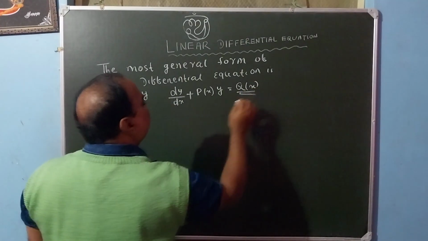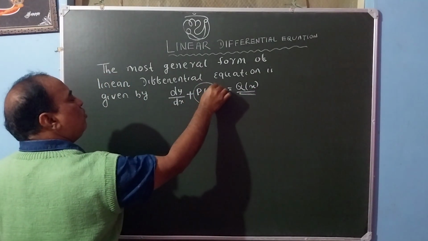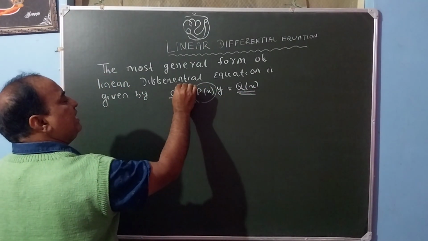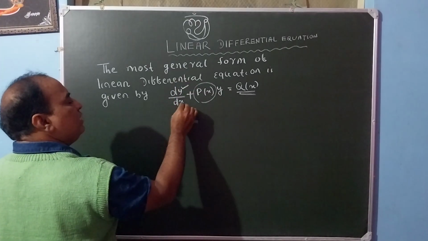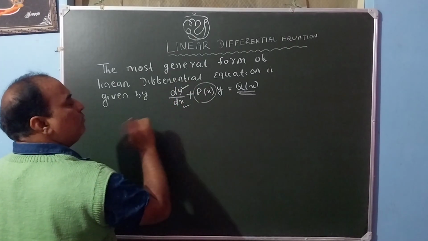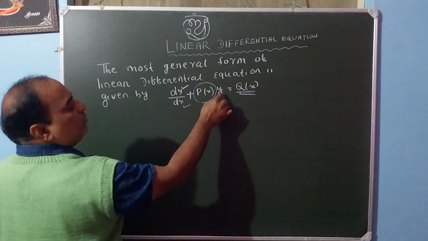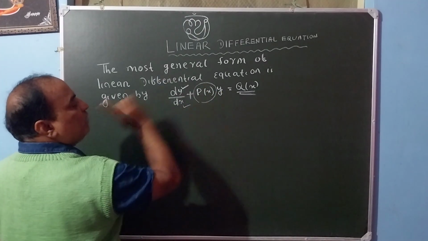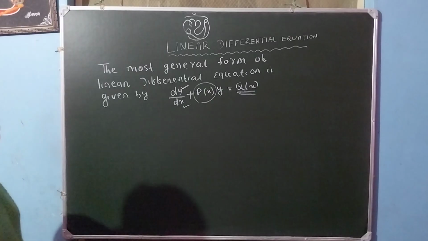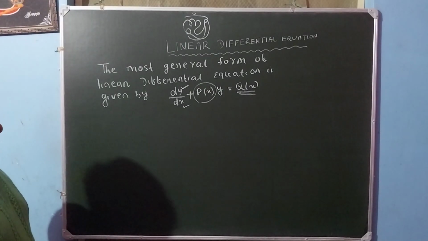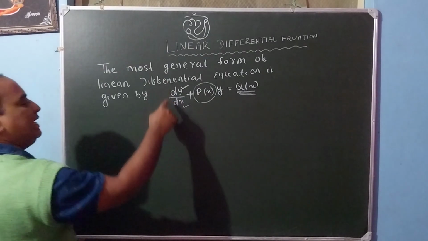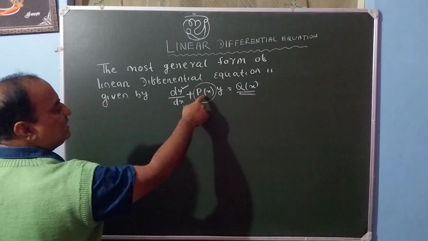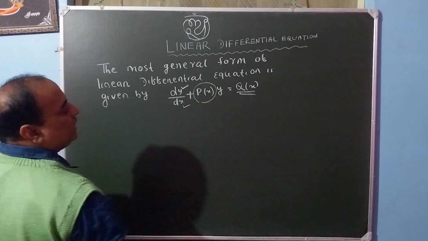P is a function of x. Here Q is also a function of x. Here y is the dependent variable, and x is the independent variable. This dependent variable y must be multiplied here by a function of x. So this is the most general form of linear differential equation: dy/dx plus P(x) y is equal to Q(x).